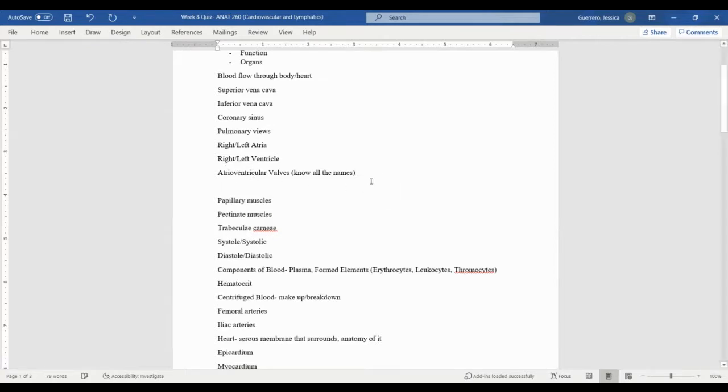On that same note, there are two atrioventricular valves. There are also two semilunar valves. They're either called the semilunar valves or there's another name associated. So you know the names as well, and the locations.